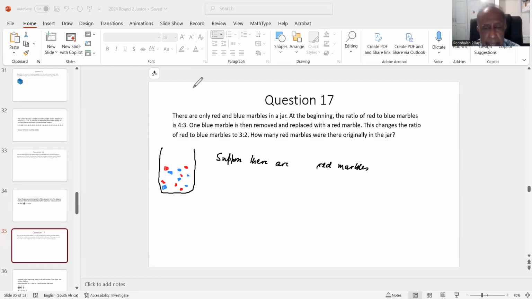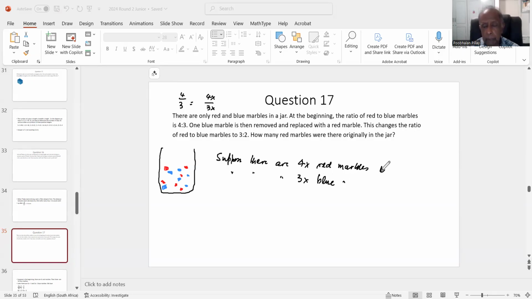So in other words, we saw this before, we can say that there are 4x and 3x marbles because it's going to be one of these equivalent fractions. We can't say there are 4 marbles, but there will be 4x red marbles. Red to blue is 4:3, and therefore there will be 3x blue marbles.